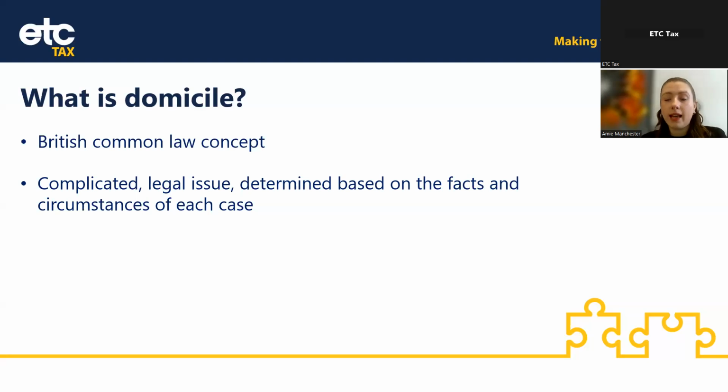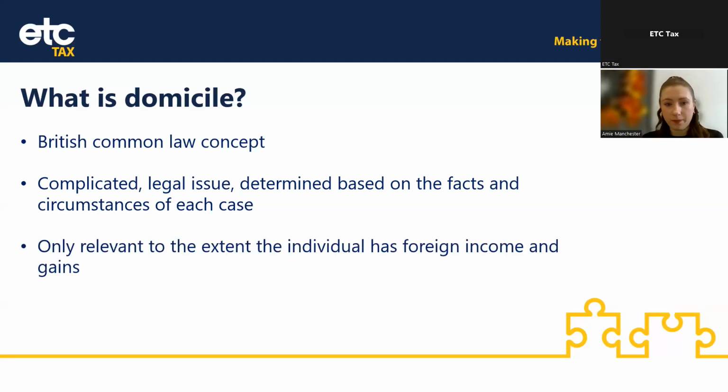It is definitely a case of weighing up all the factors and making sure that everything is considered. Sadly, there's not one deciding factor, and we would need to look at everything and all the circumstances of each individual. As I just mentioned, it would only be relevant to the extent the individual has foreign income and gains.